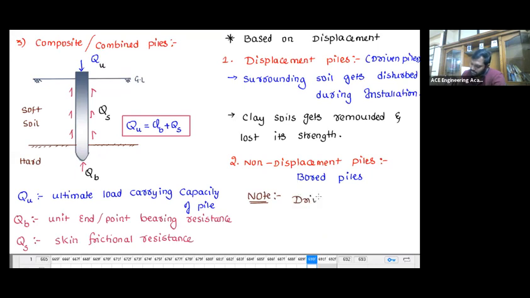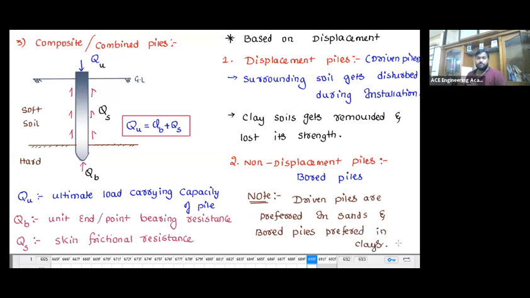So generally, driven piles are preferred in sands and bored piles are preferred in clays.